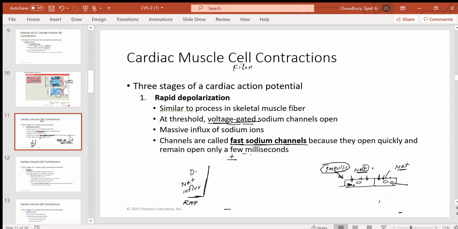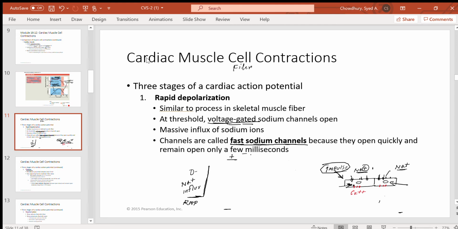The sodium channels start to get closed, but calcium channels start to get open. So let me draw the calcium channels. So these are the calcium channels, okay? And calcium is also positive, right?